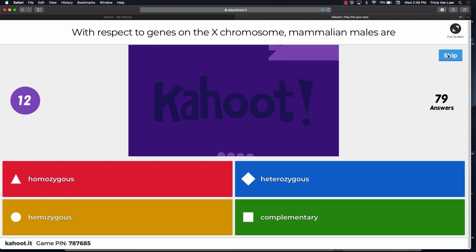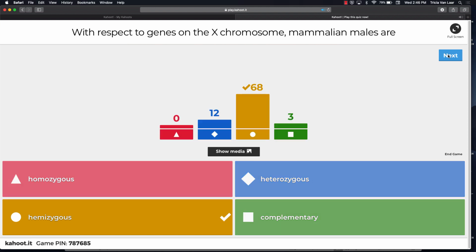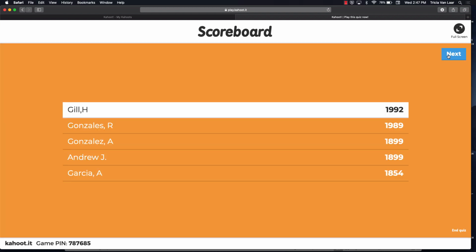Okay, about 10 seconds left. Good. Hemizygous, right? They don't have another chromosome to have a matched set of loci. They are hemizygous.